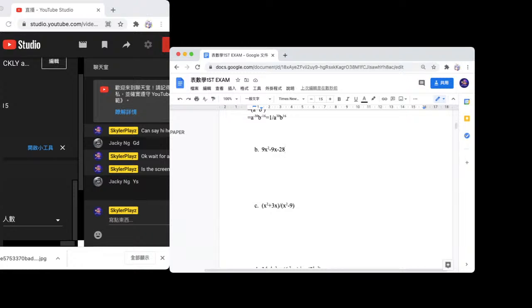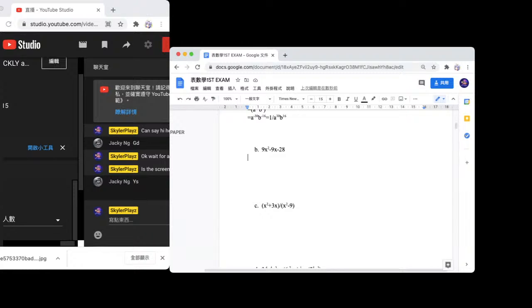C, the constant term, then -28. After all of this, you will get two answers for x. Mark them down in fraction form, and we will get 7 divided by 3 as the first answer. And the second answer is -4 divided by 3.